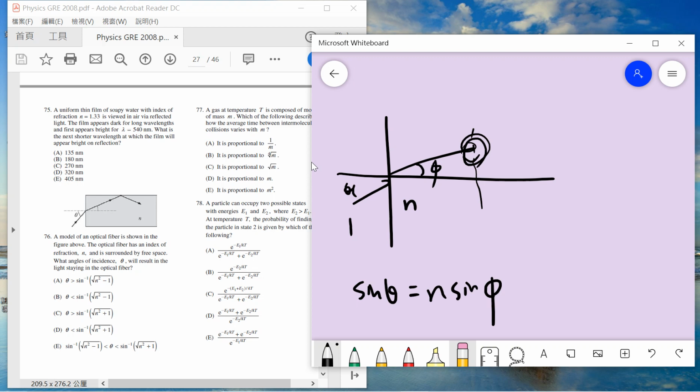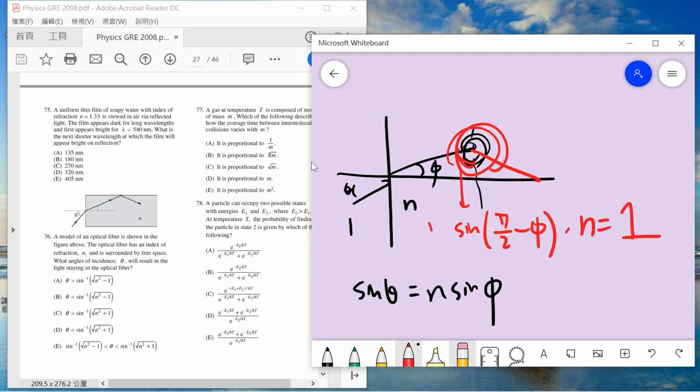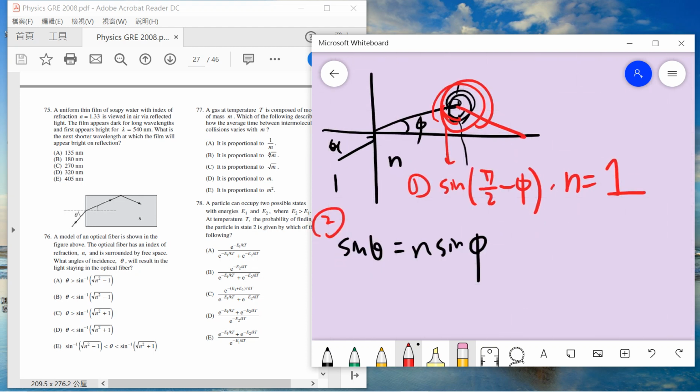And then from here we need it to have the total reflection. So basically in here we have sine of (pi over 2 minus phi) times n. It needs to be 1. So we have the two equations, and the goal is we need to eliminate phi and get theta. So we have n cosine phi equals 1, and n sin phi is sin theta.